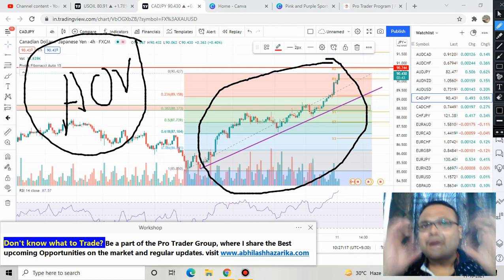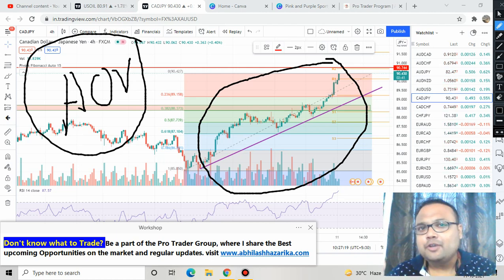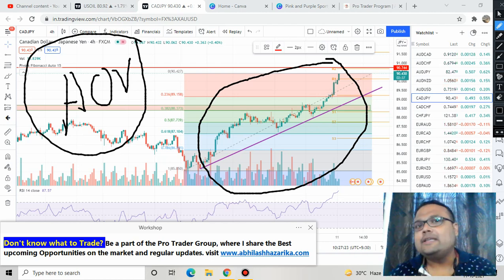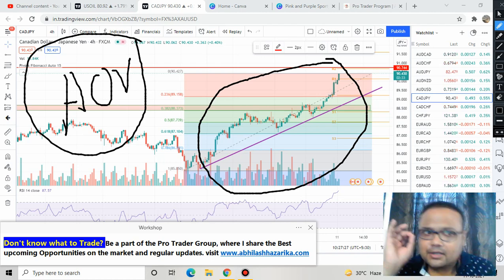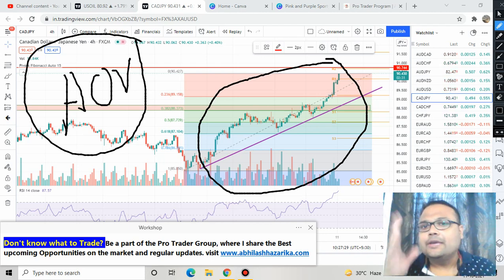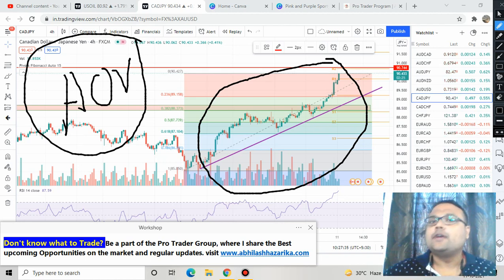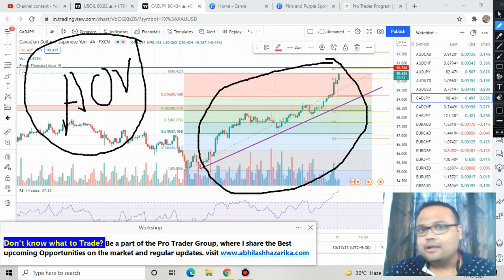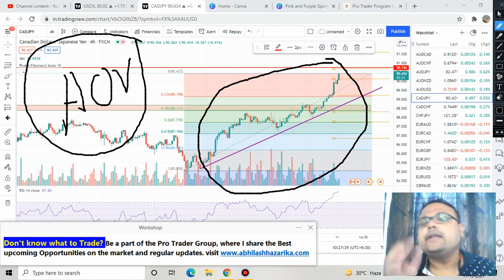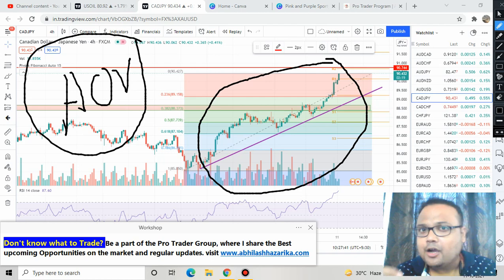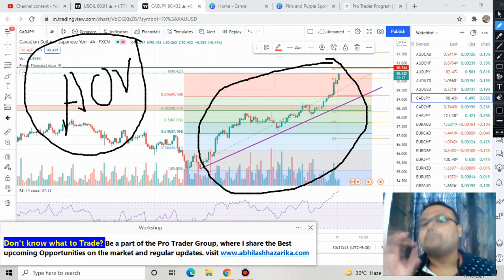In an uptrend market, the best buying opportunity, or the best price, is always available near the support. But right now, if you look at the chart of CAD JPY, you can see that there is no proper support on the market. It has broken all the support and is still going up. Therefore, we do not have any support, so it becomes very critical for us to find the area of value, to find the best buying position.